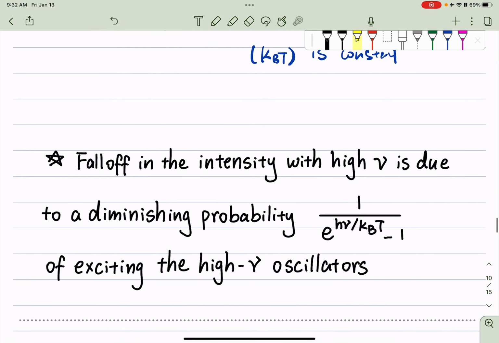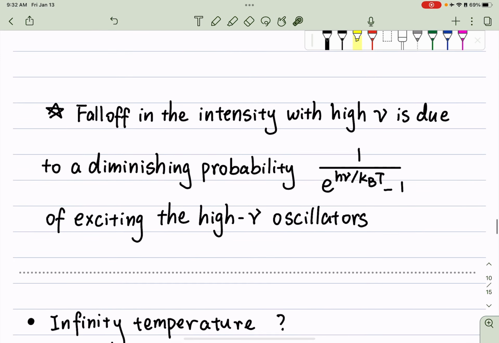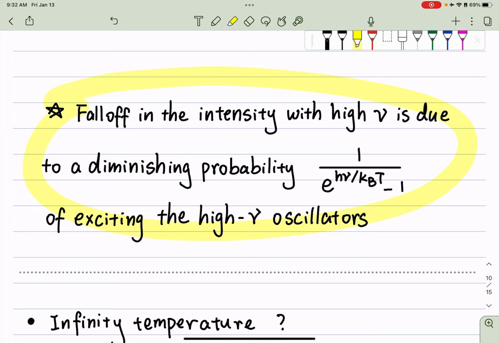So that takes us back to our final conclusion on how the quantum hypothesis contributes to blackbody radiation: the fall off in intensity at high frequency is due to a diminishing probability.